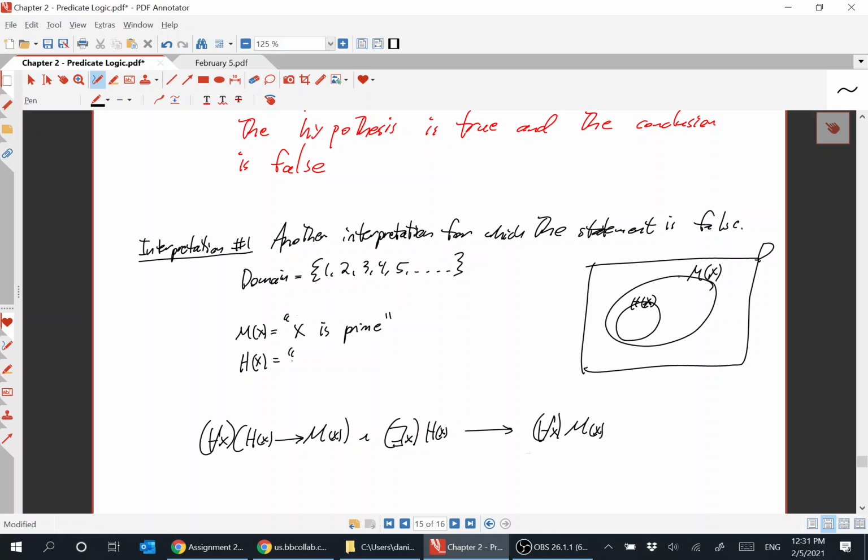Are all primes odd? No, not all of them, right? X is an odd prime.